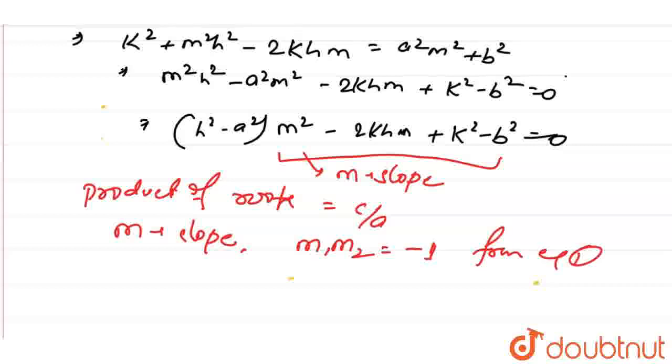So we will apply the formula for the product of roots, m1 m2 equal to minus 1, where c from the quadratic equation is k square minus b square, and a is h square minus a square.